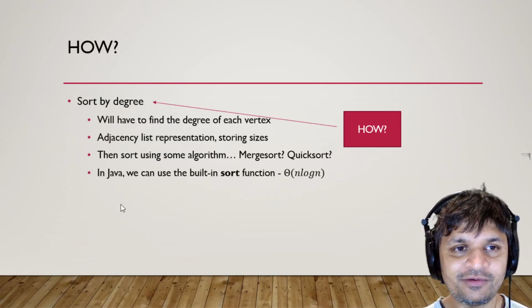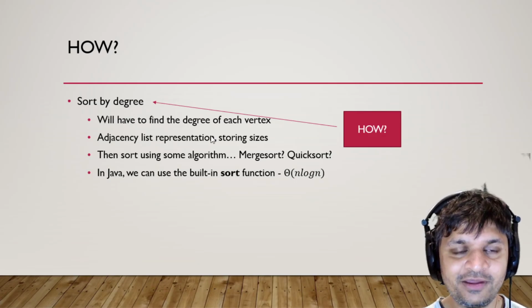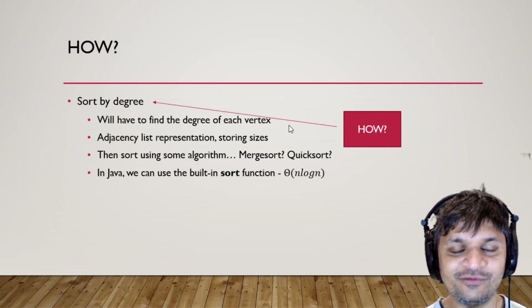So the first thing I'm going to talk about is how we sort by degree. The first thing is we have to find the degree of each vertex. So we've got some graph representation storing the graph in our computer, and we want to find the degree of every vertex. We talked about this in the previous lecture, and we'd use an adjacency list representation storing the sizes of the list because that gives us the degree of the vertex for free, right?